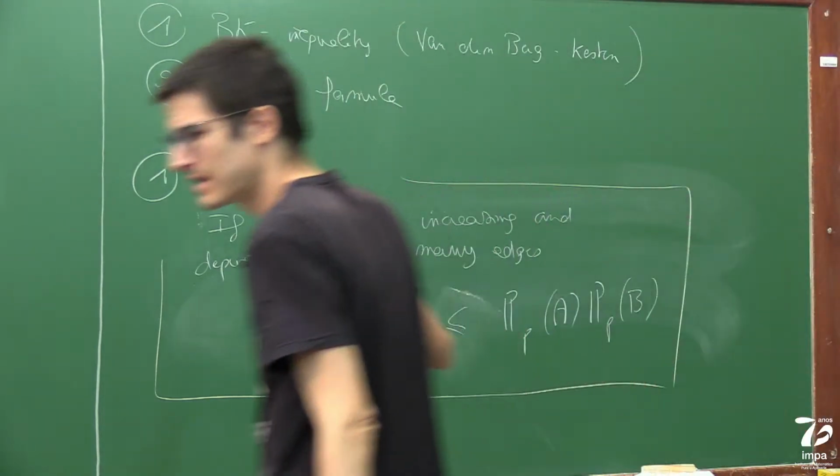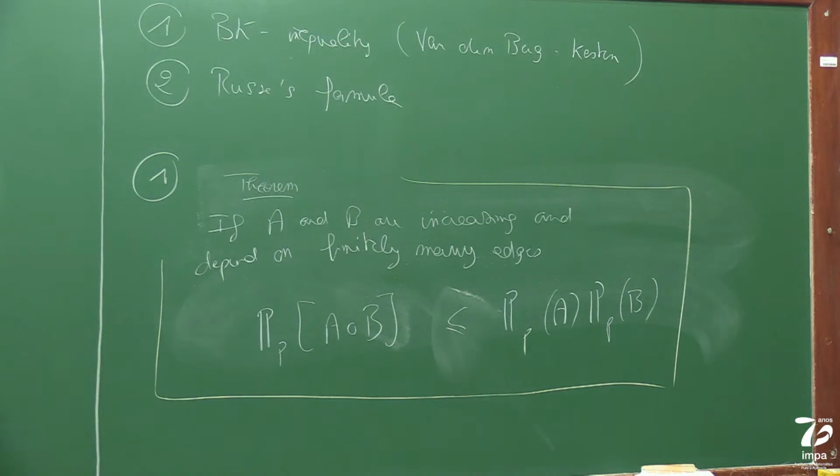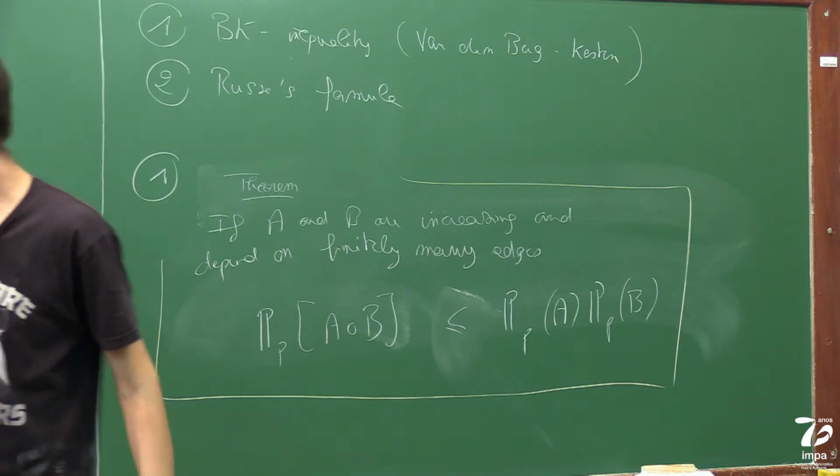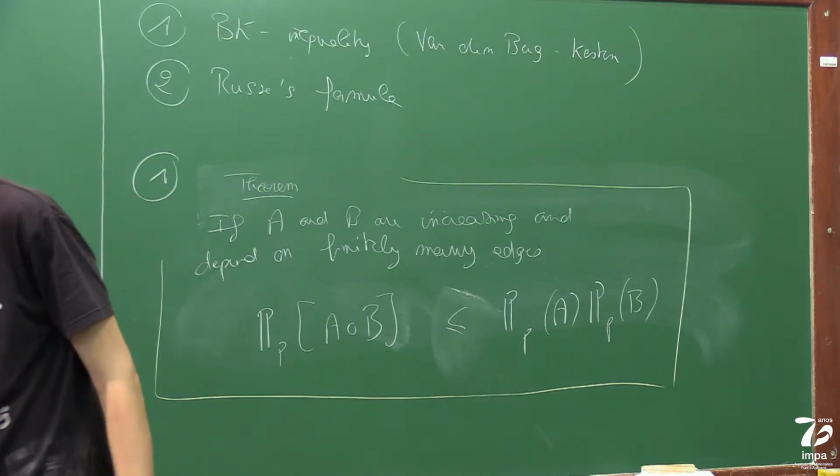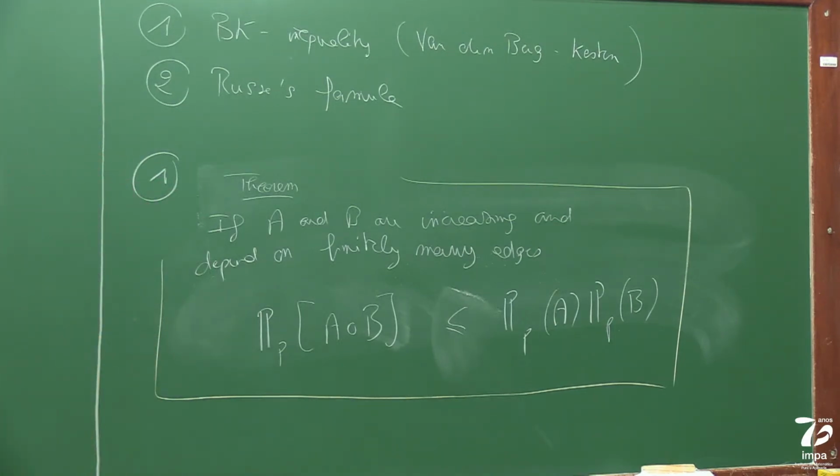Okay, so I will give you a proof of this, but before, what I want to do is to give you a first application of this inequality. And the idea is to improve the lower bound we had on the connection probability at p equal 1/2 for Z2.